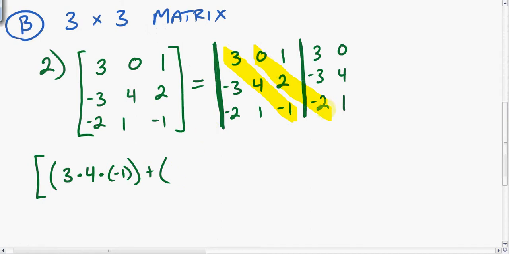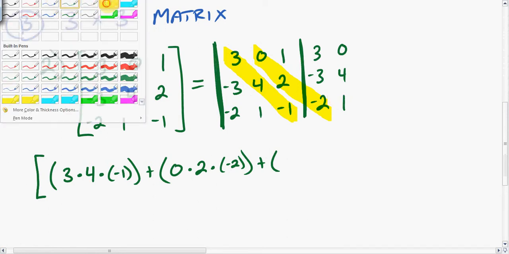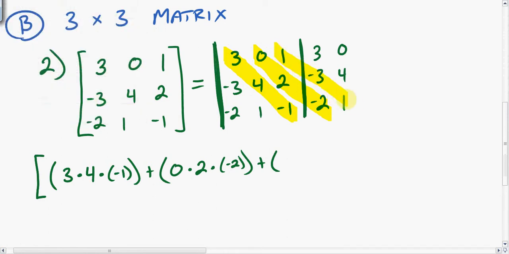So 0 times 2 times negative 2. And we're going to add that to the product of the last diagonal, which is 1 times negative 3 times 1. Close your brackets. Now you're going to subtract that from your next set of brackets, which are your diagonals, going not from upper left to lower right, but lower left to upper right.